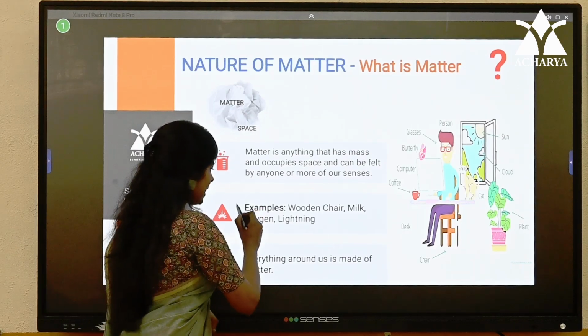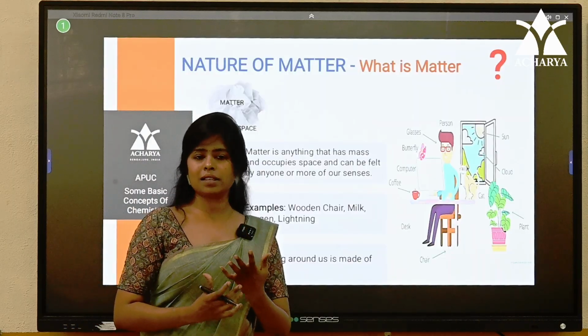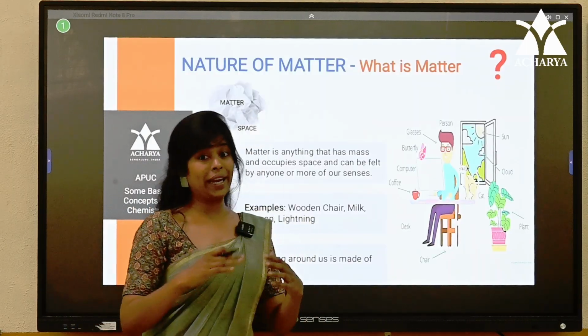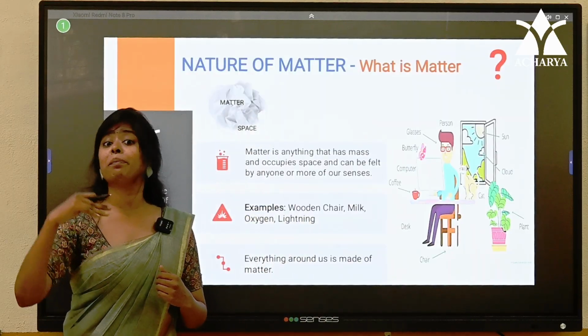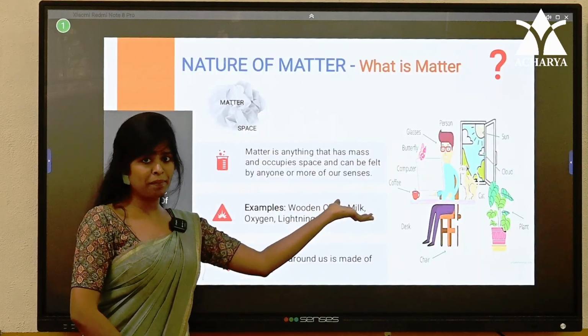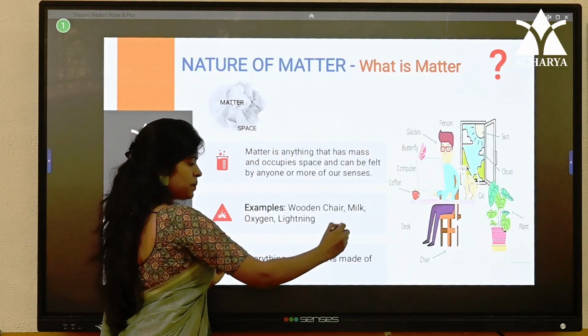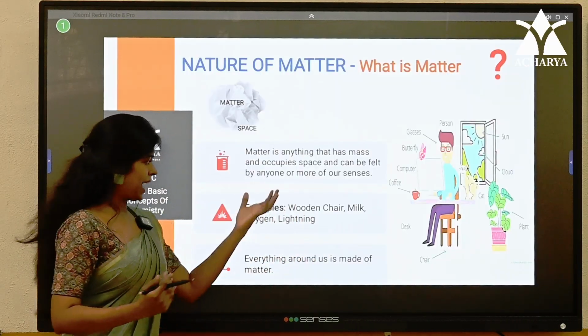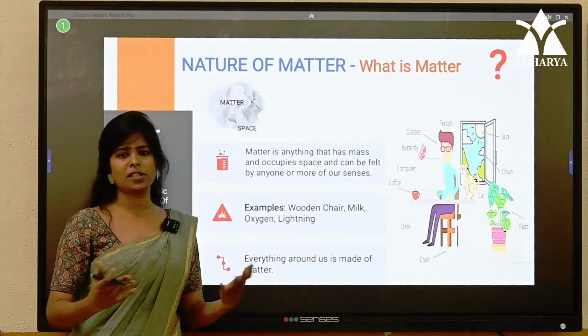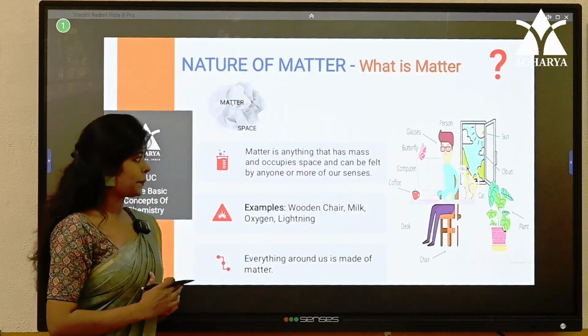So all these examples, if you observe, all have mass. Mass can never be zero, right? Weight can be zero because weight depends on gravity, whereas mass does not depend on gravity, so mass cannot be zero. So these substances can be in any state. It can be in solid state, liquid state, gaseous state, which we will understand in the next slide.